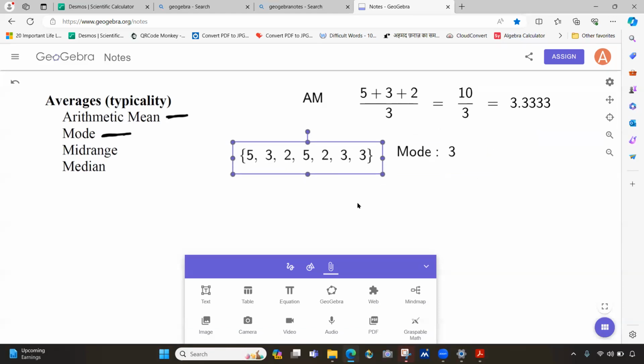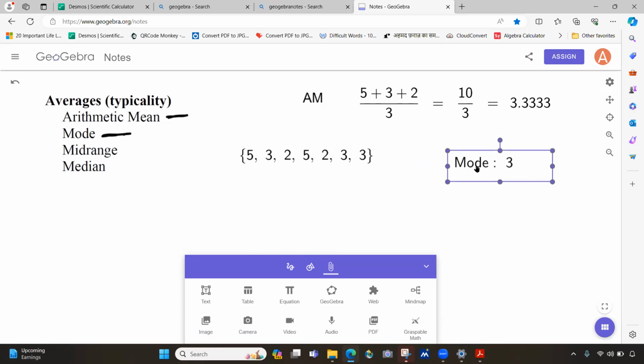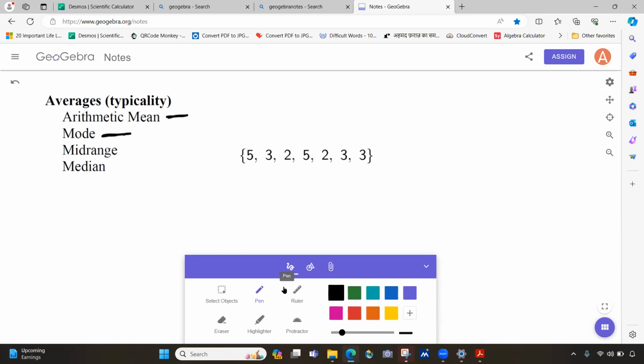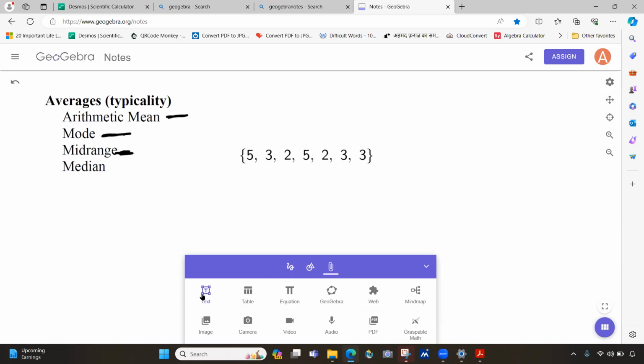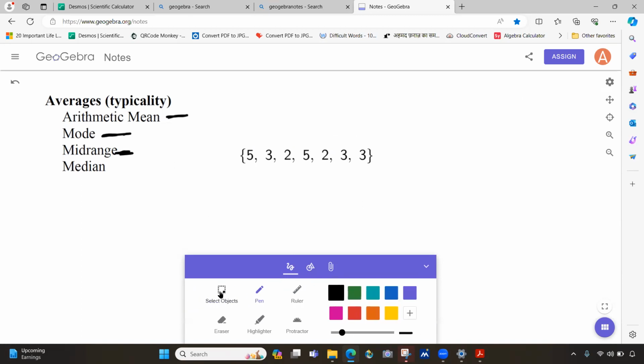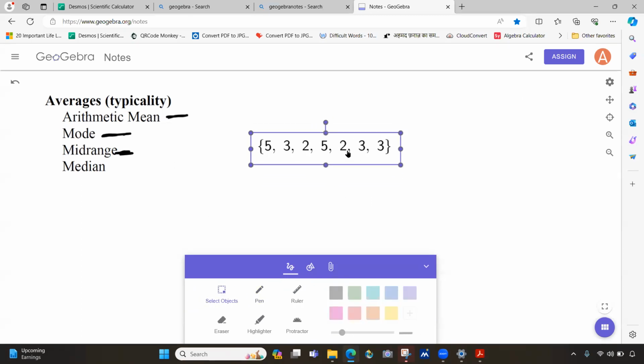All right. What do we mean by mid-range? I need the room, so I'm going to delete these. Now let's talk about mid-range. Mid-range is simply this.